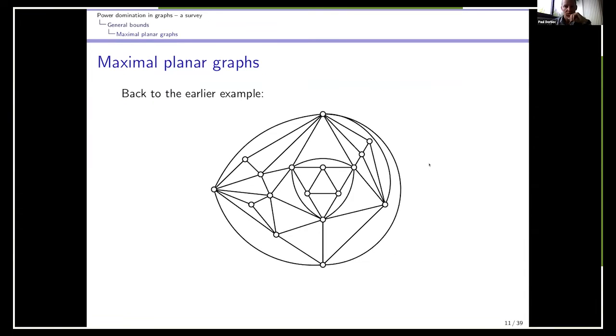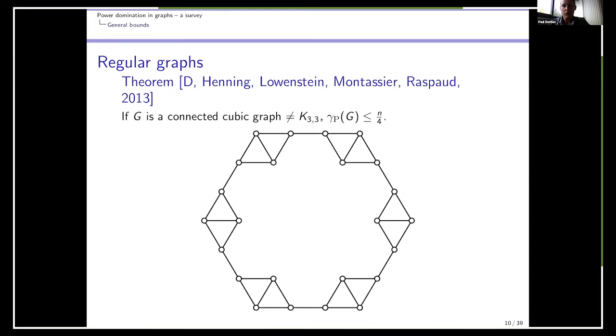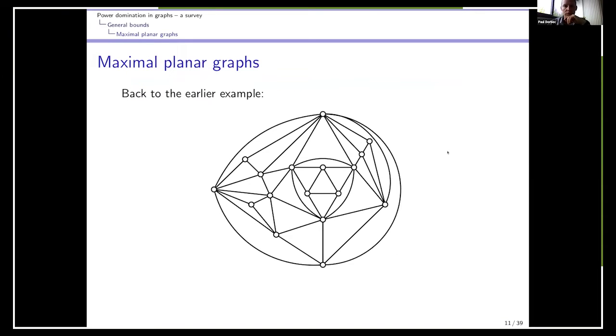Okay. So this statement of a structure where we cannot enter is interesting also in another family of graphs, which is the family of planar graphs. So this is the example I showed you at the beginning, and I can state something else. I have a special part here of the graph, which you may recognize. In the middle is an octahedron.